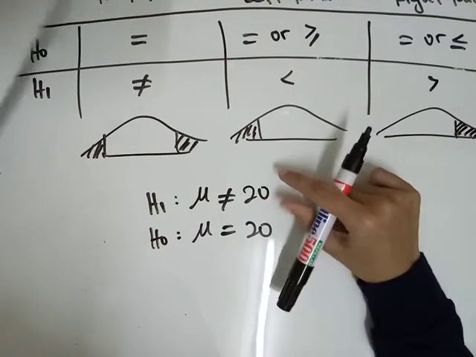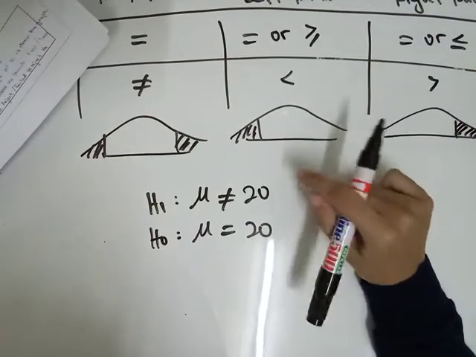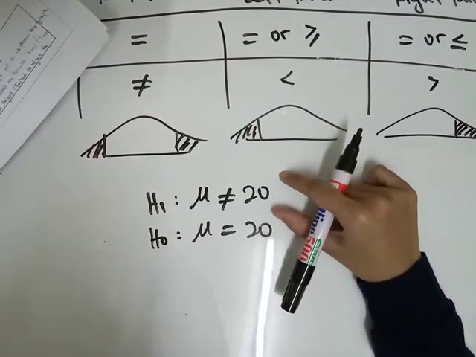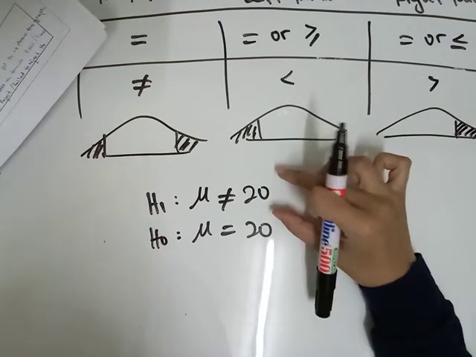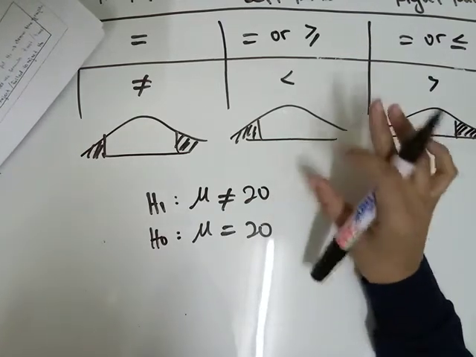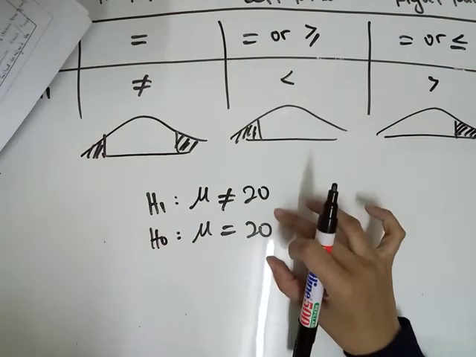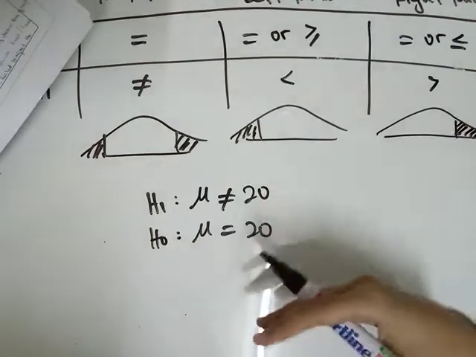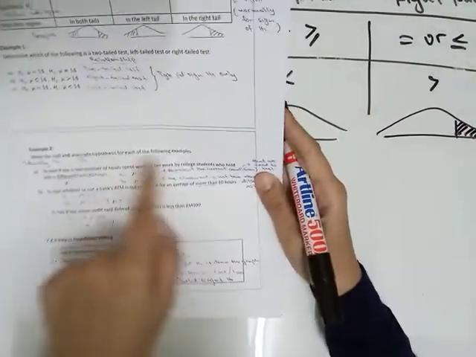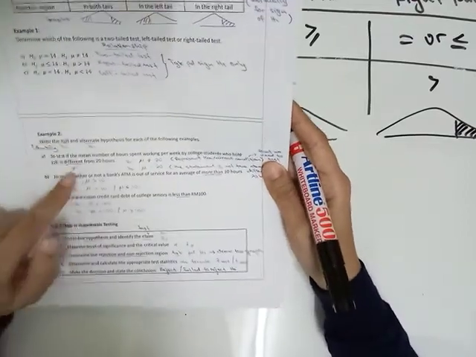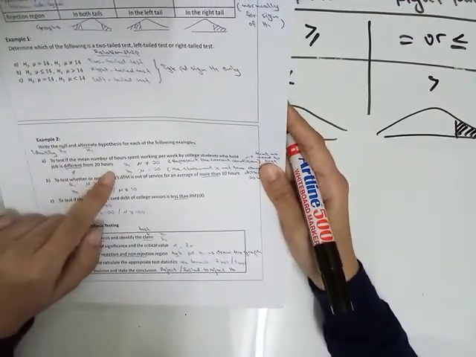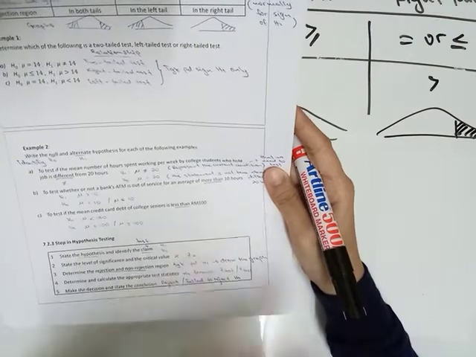What is the function of H1? H1 represents the current condition, the one we want to test whether the statement is true or not. What is the function of H0? H0 says that the statement in A, different from 20 hours, is not true.